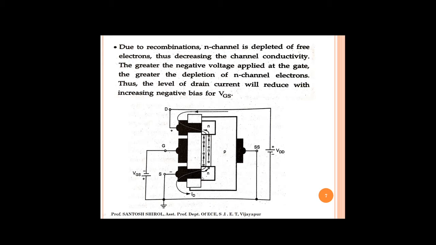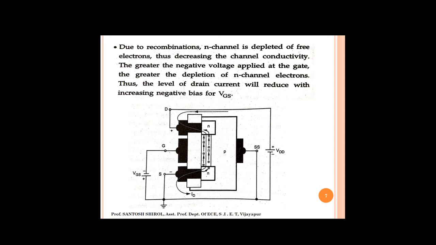Hence the electrons will move from source towards drain, passing through the channel. The electrons will be flowing in the clockwise direction like this. The dotted line we are showing indicates the drain current ID. Observe that the current is the conventional flow of current, and it is shown in the opposite direction to that of the flow of electrons.